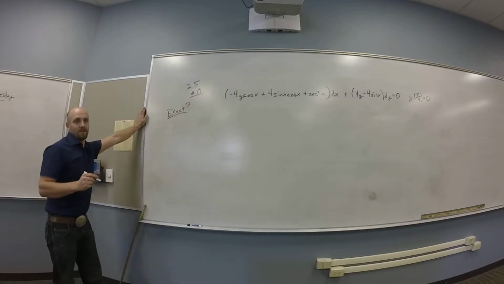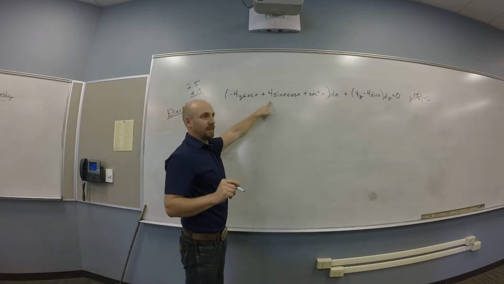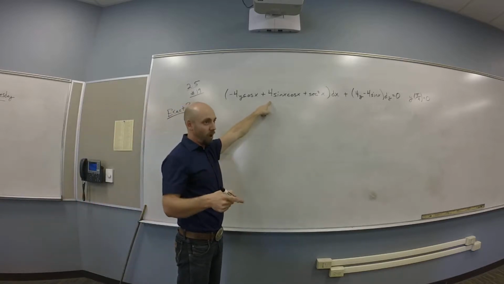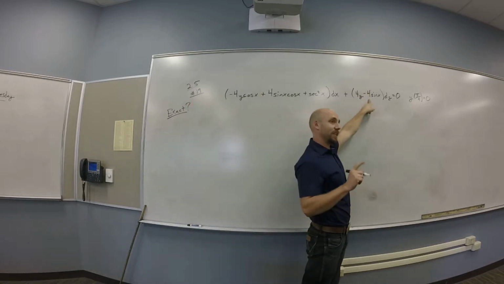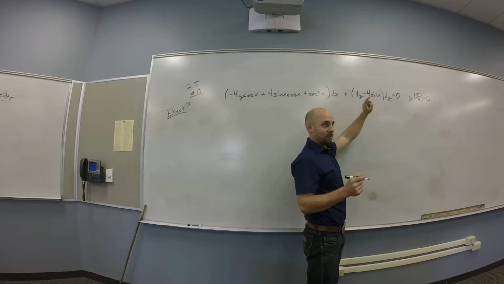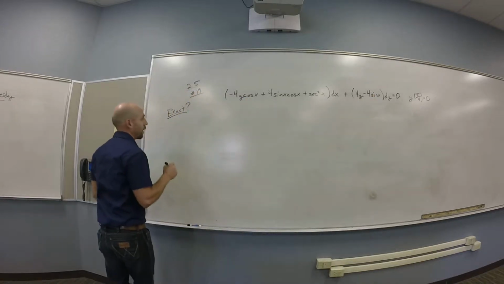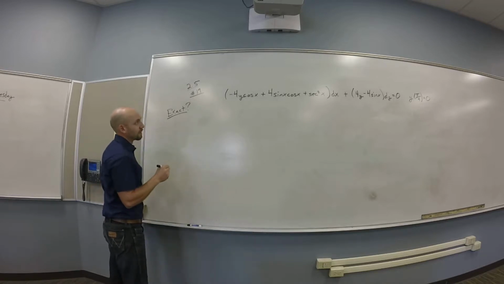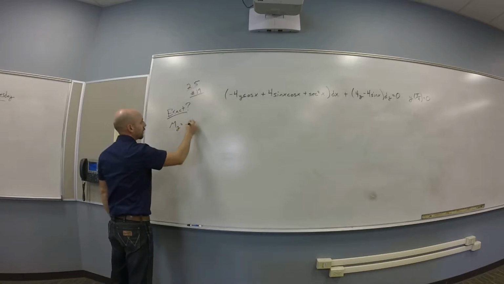My equals nx. Yeah, so think Clairaut's, right? So if this is the x thing, if I partial it with respect to y, I should get the same thing that I get out of this if I take the x partial. So I take the partial of this first thing with respect to y, and I get negative 4 cosine x.